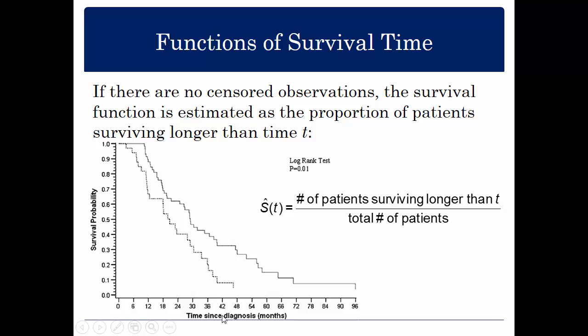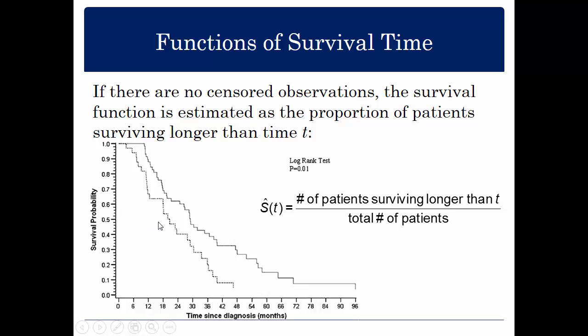So if I have time since diagnosis in months on the x-axis, then I can look at this treatment group represented by the straight line. I can determine the median survival time by finding the vertical distance of about 0.5. This is the point at which 50% of subjects are still surviving.